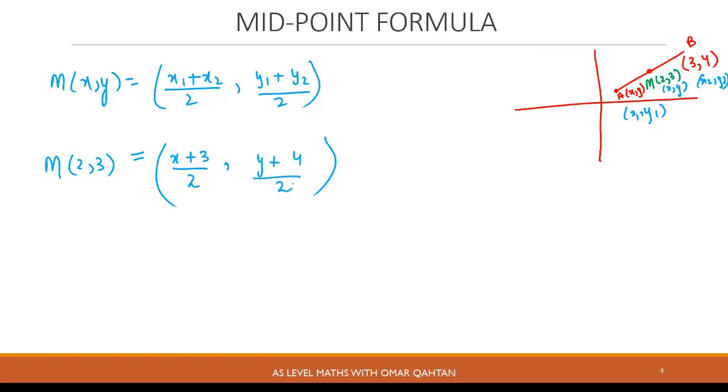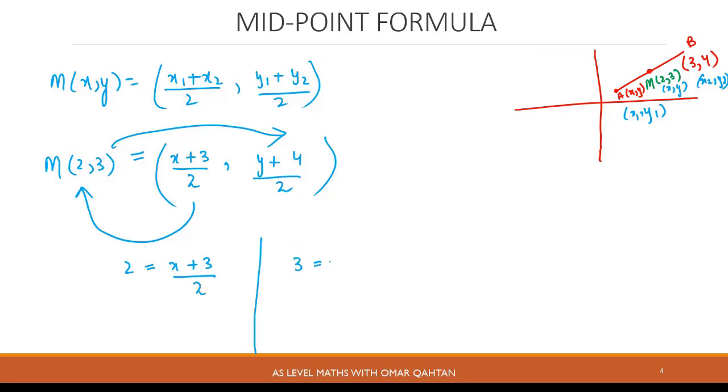Now what we have to do is just compare this x part with this and this y part with this one. So 2 is equal to (x plus 3) upon 2, and this 3 is equal to (y plus 4) upon 2.